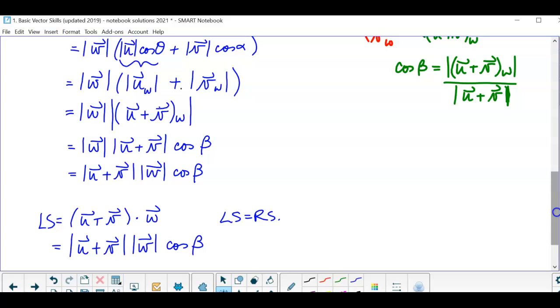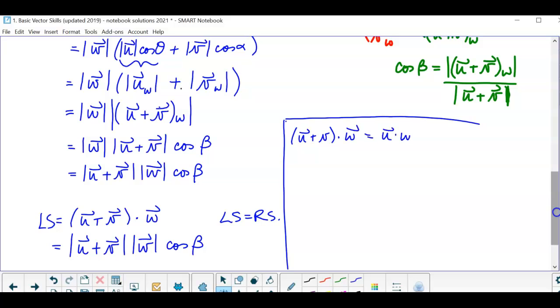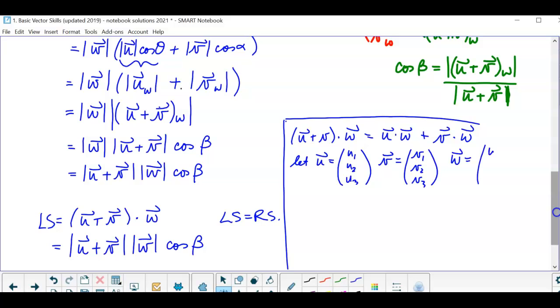Algebraic proof, I love algebra. So you've got U plus V dot product with W equals U dot W plus V dot W. We're going to let vector U be U1, U2, U3, V equal V1, V2, V3, and W equal W1, W2, W3.